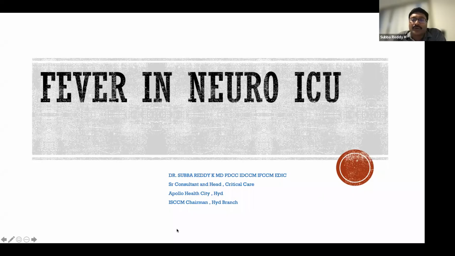There is good evidence to show an increase in mortality when there is fever. They have seen this in regular intensive care units, studied it in a large number of patients, and published the data. Patients with fever have higher mortality than patients without fever. So in the neuro-intensive care unit, because of the fever, the mortality and morbidity will increase.